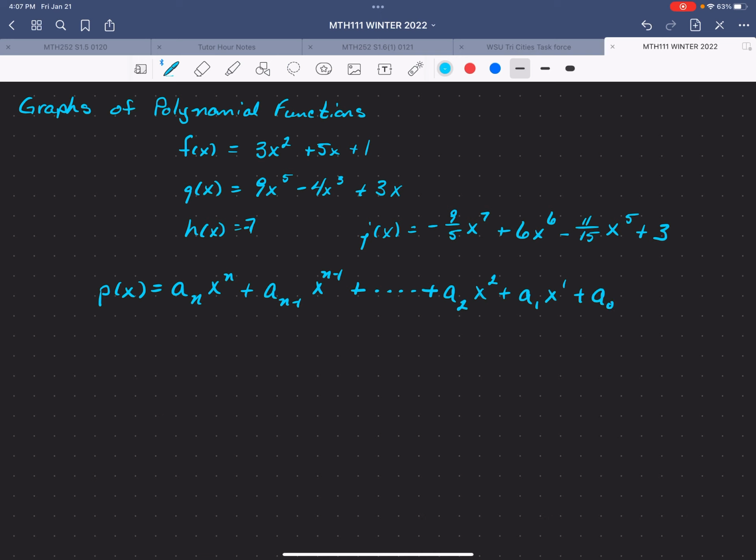Okay? Now, a few things about polynomials. Their domains are always all real numbers, or in interval notation, -infinity to infinity.